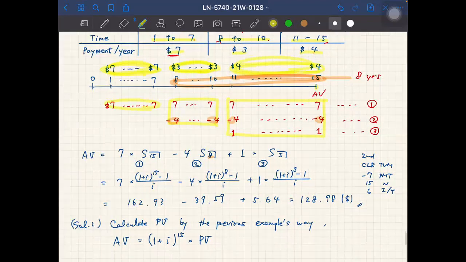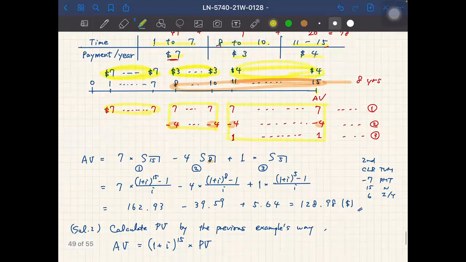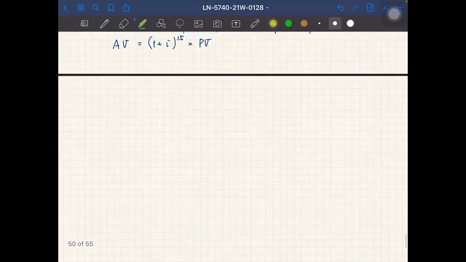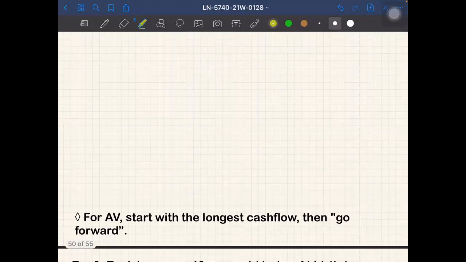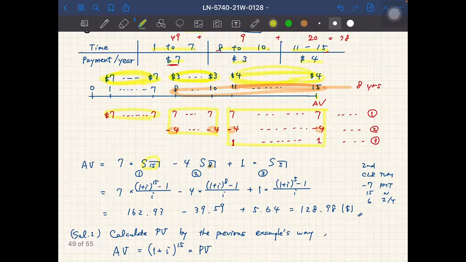Yeah, so this is how to calculate accumulated value conveniently by using the formula of s angle n. So in short, for calculating the AV, the accumulated value of block payments, we start with the longest cash flow, then go forward.